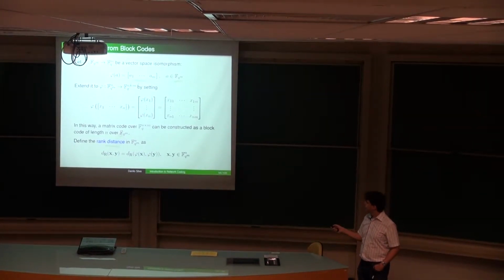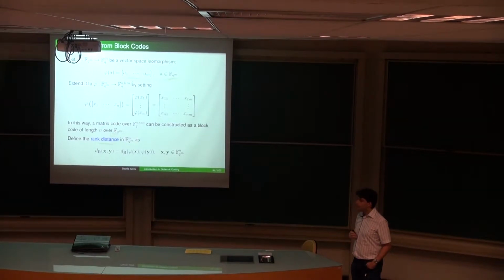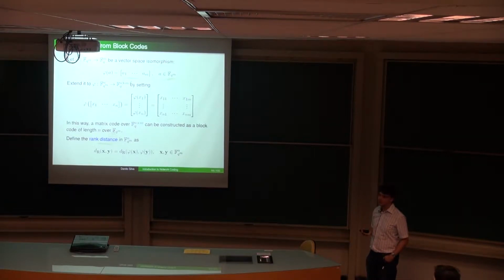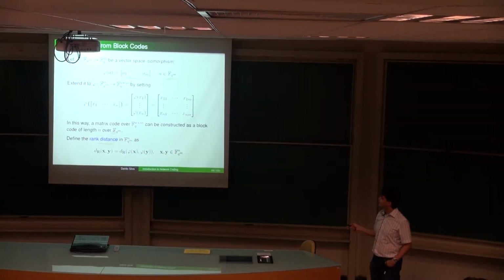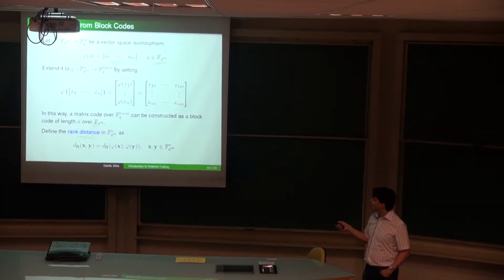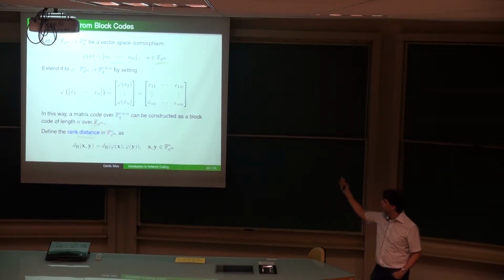So basically, we recall that an extension field of Fq, so Fq to the m, can be seen as an m-dimensional vector space over Fq. So let's just define this vector space isomorphism, and then we can think of unfolding an extension field element to a row vector.